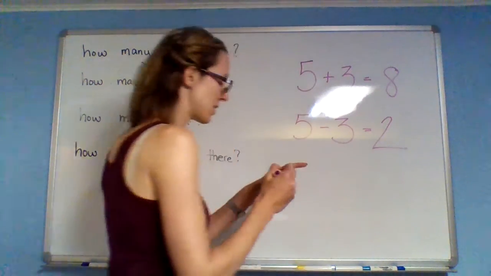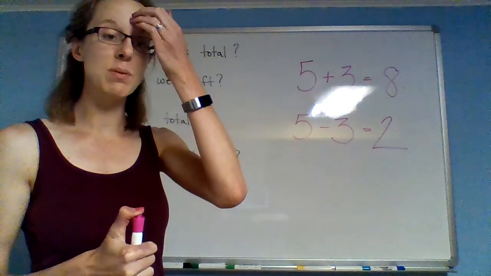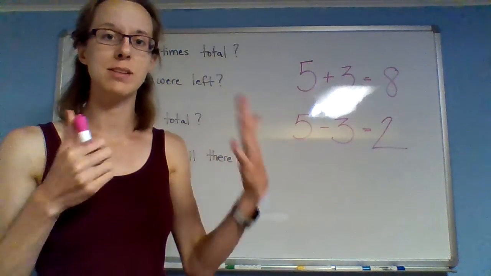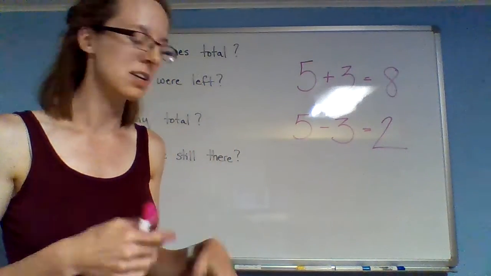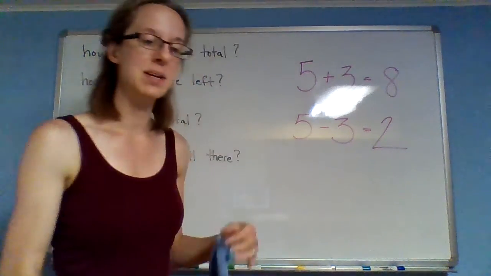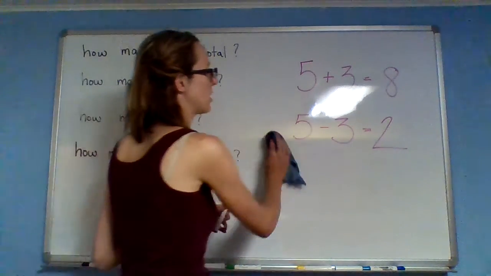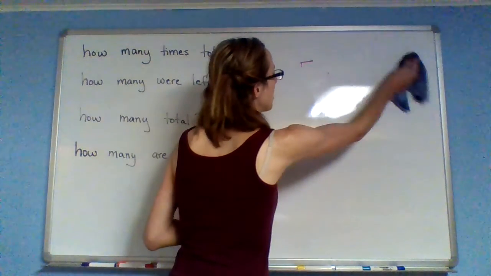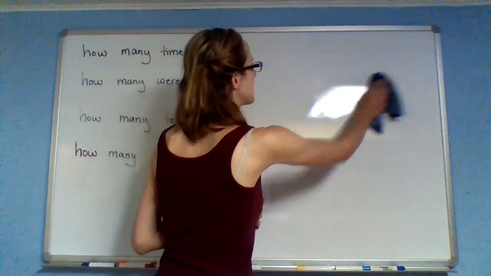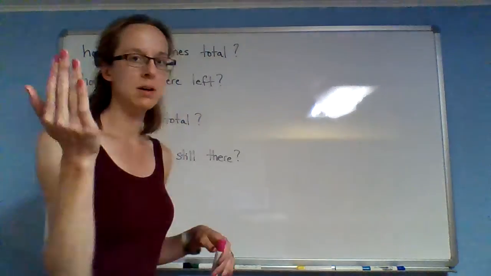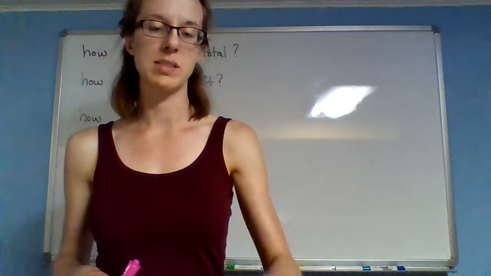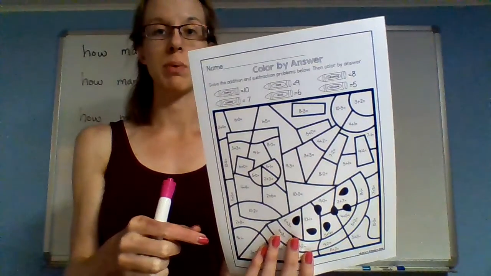Your picture will end up looking very different if you accidentally do addition instead of subtraction or subtraction instead of addition. So it's really important that when you get to each section of your coloring page, you're really checking in to see, am I counting up or am I counting backwards to figure out those problems?